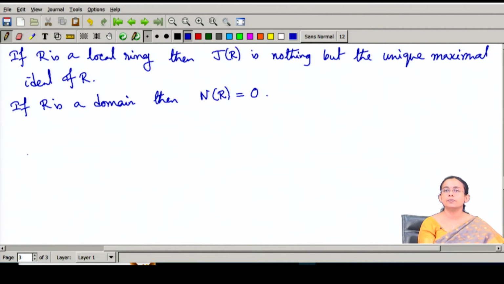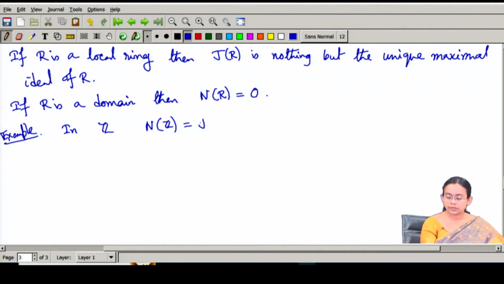For example, if you are in the ring of integers, then we will see that in this case the nil radical and the Jacobson radical are the same. Example: in Z, the nil radical and the Jacobson radical are the same, which is nothing but the 0 ideal, because Z is an integral domain, and in an integral domain the nil radical is the 0 ideal.